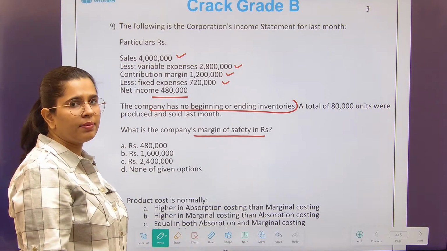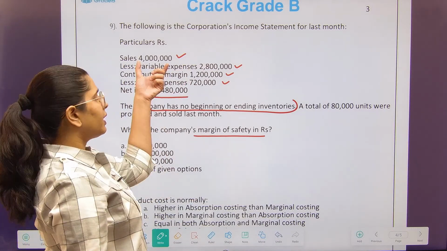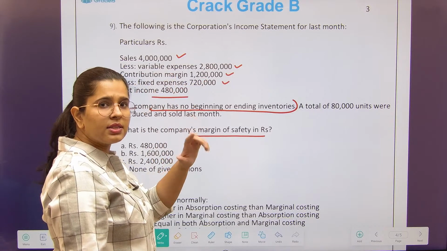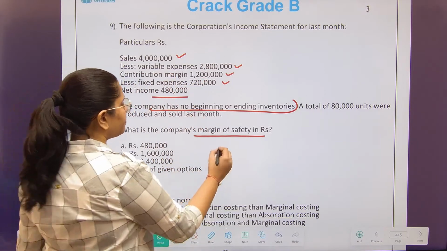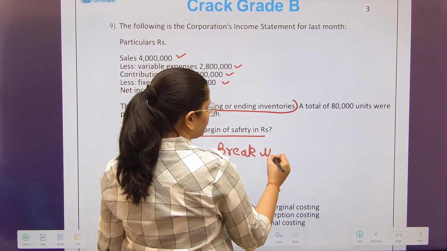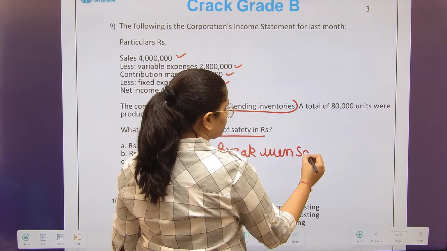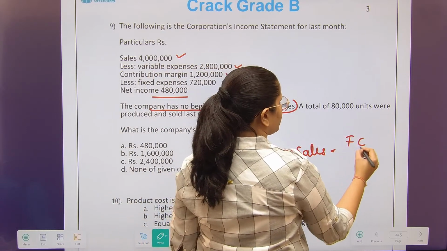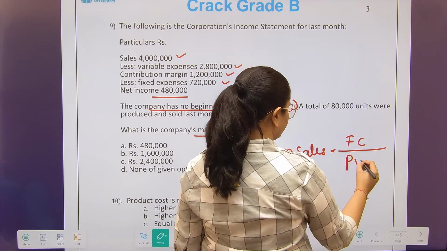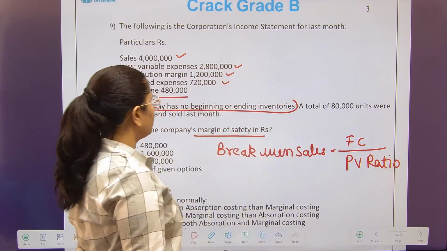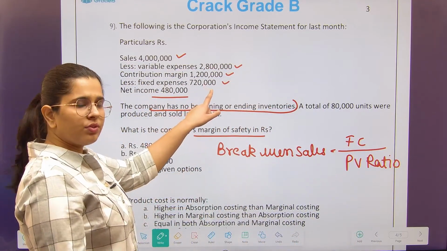How can you calculate margin of safety? Whatever sales is given over here minus break-even sales. And how to calculate break-even sales? Fixed cost upon PV ratio. Fixed cost is given to you.